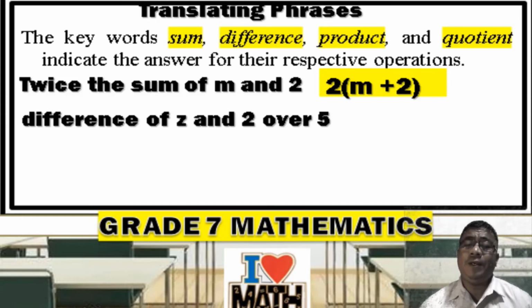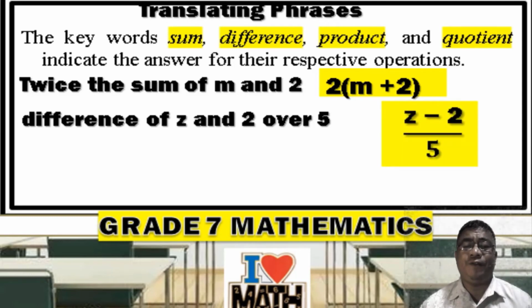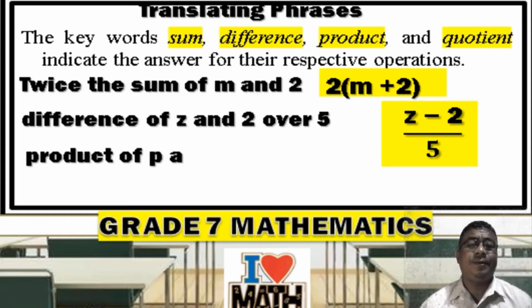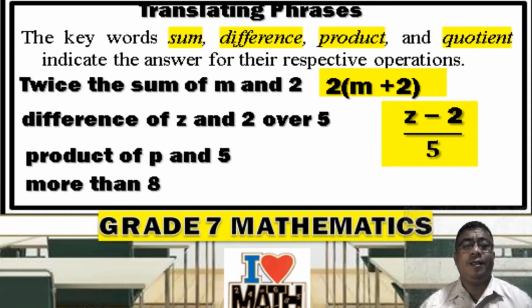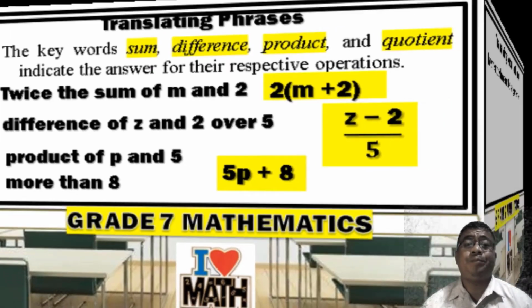So it's a combination of subtraction and division operation. So we have z minus 2, all over 5. Product of p and 5 more than 8. So it's a combination of multiplication and addition. So 5p plus 8. So take note of that.